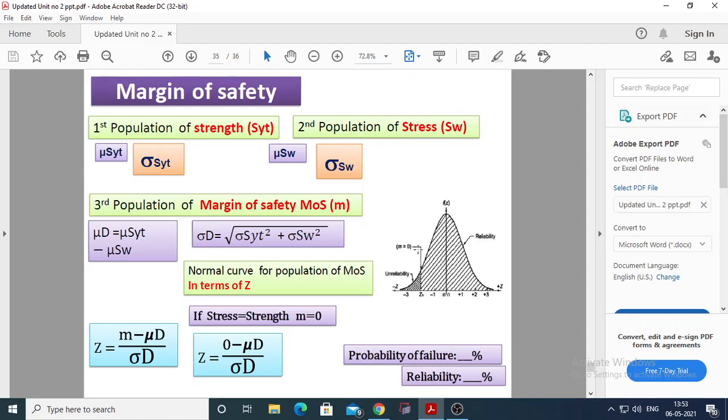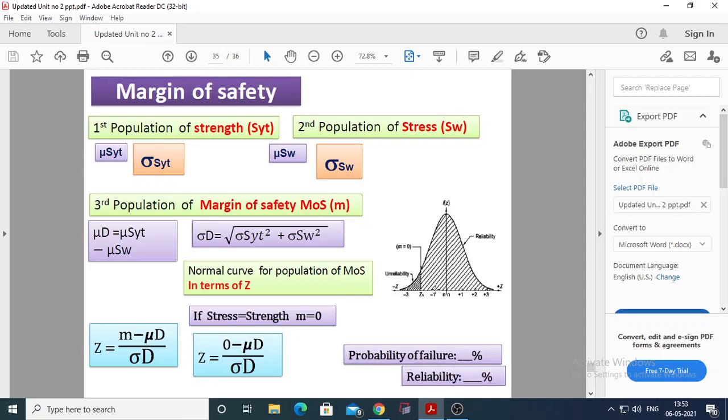This margin of safety is shown at 0, meaning we consider the values on that side. See that a normal distribution curve is given. The part of the distribution to the left of M equal to 0 represents the area for which the margin of safety is negative.